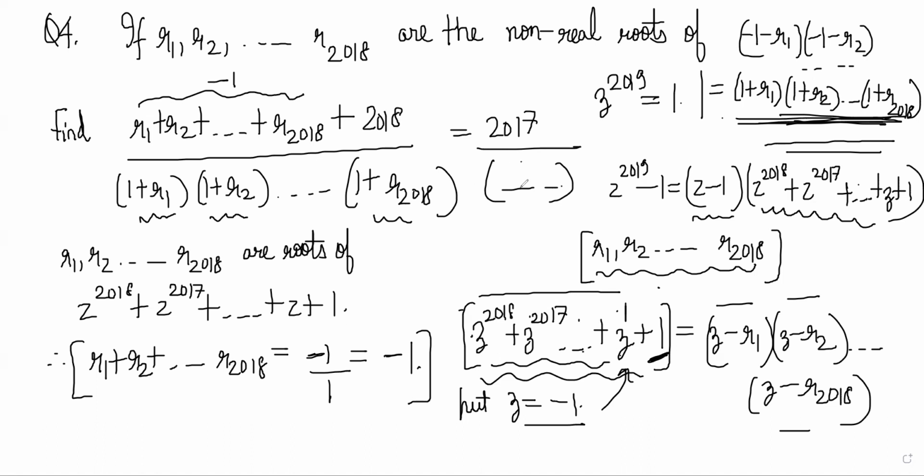And if that value is equal to 1, the answer for our overall question is 2070. So it's a direct question using the properties of polynomials. Nothing very difficult here. Let's look at the next problem.